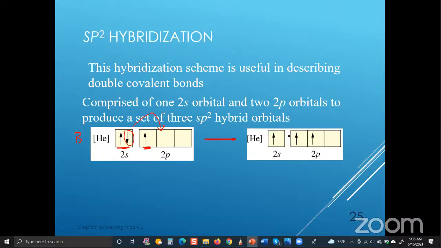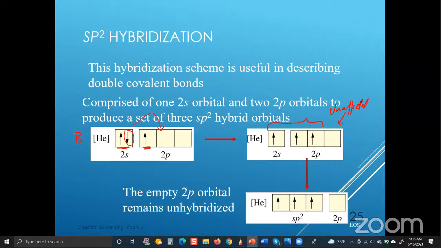And then you're going to have the hybridization of these orbitals here. And this one would be unaffected by the hybridization process. And you're going to end up with this situation here, where now you're going to have 3 sp2 hybrid orbitals that are singly occupied, and you're going to have a vacant 2p orbital here, all right?